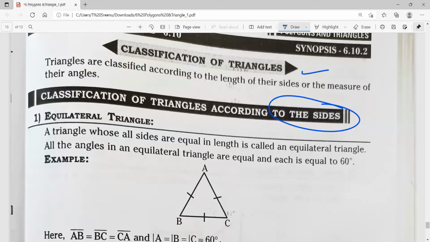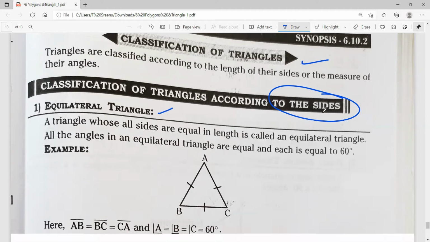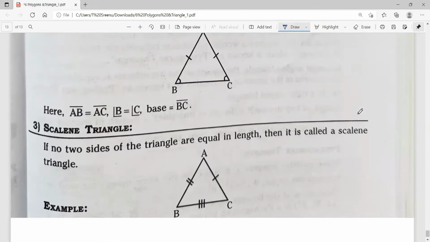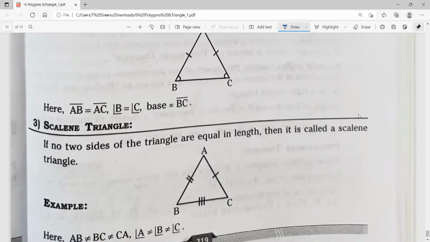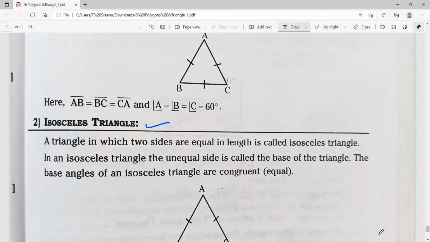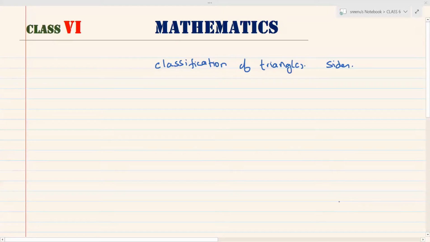First we will go for the equilateral triangle, then the isosceles triangle, then the scalene triangle. What is the difference between equilateral, isosceles, and scalene? Let's discuss this.